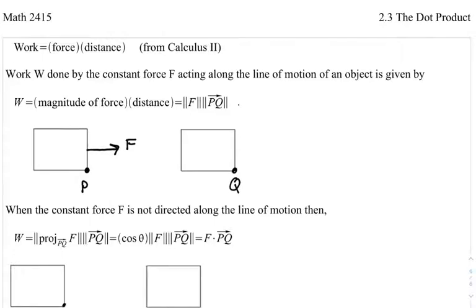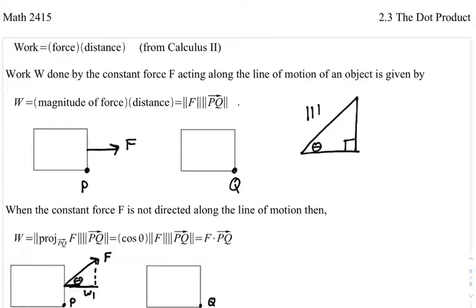So let's go ahead and draw our boxes again. So there's our P and our Q, and the line of motion is here, and then our force is not quite applied in that direction. Some of it will be applied in that direction. We'll look at the projection W1. So there's theta and right angle, and we got the magnitude of the force here and the magnitude of W1 there.